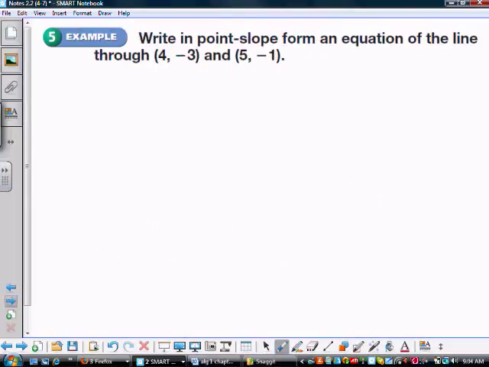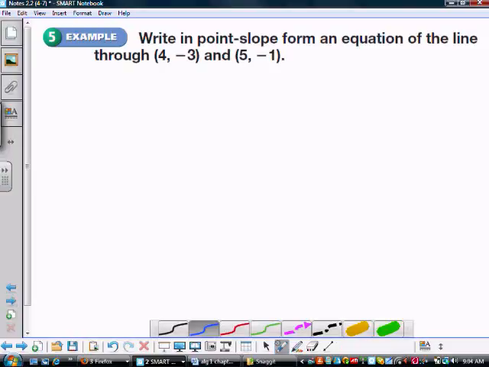Okay, now let's try to write something in point slope form. I have 2 points on the line. Point slope requires a point and a slope. How am I going to get the slope?